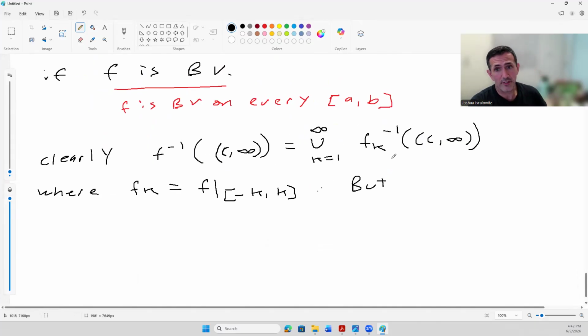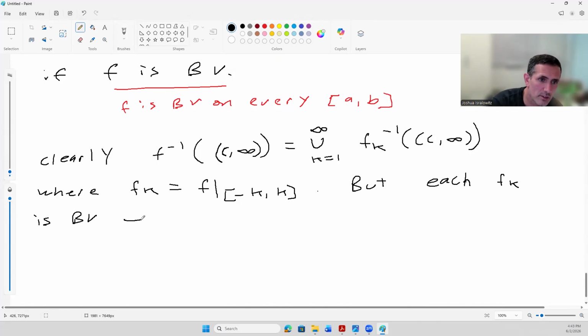In other words, each F_k is a function on [-k, k].